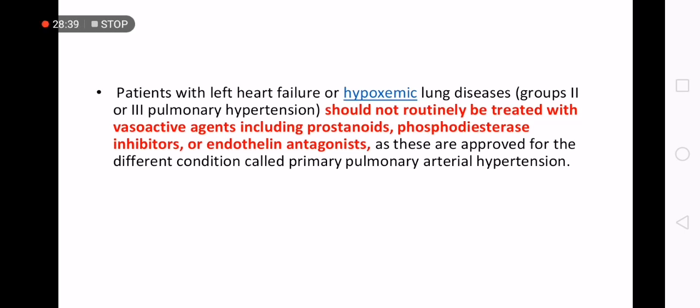We limit the use of these agents only to primary causes of pulmonary arterial hypertension or familial causes, which are idiopathic most probably or genetic, and we don't have surgical or medical management for this condition except by using pulmonary vasodilators.